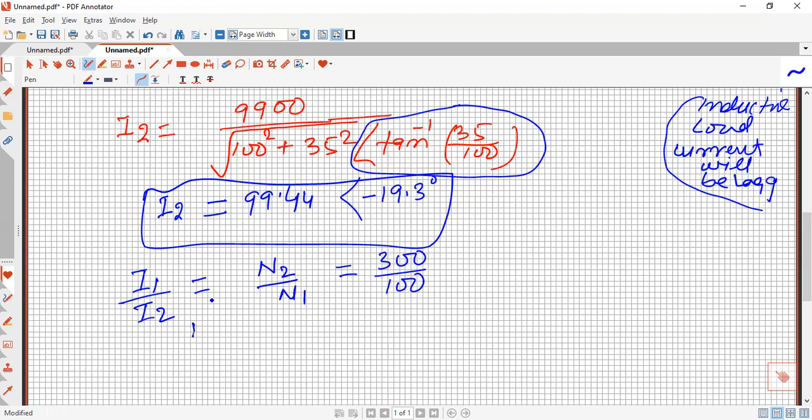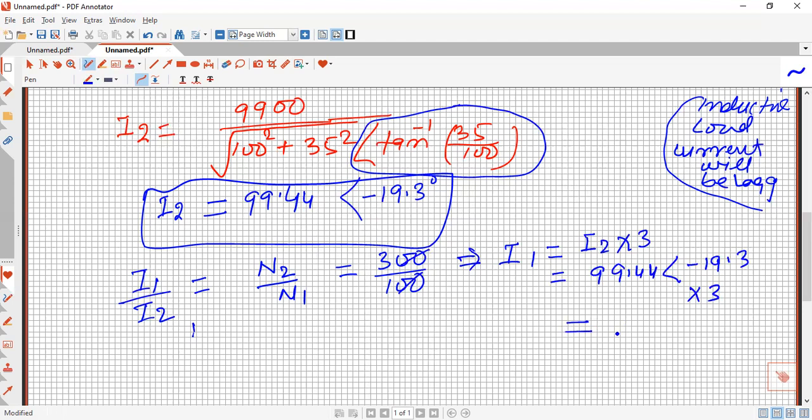So from here we can write I1 will be equal to I2 multiplied by 3. This portion is going out. So we can solve this. I2 already we have calculated: 99.44 angle minus 19.3 multiplied by 3.